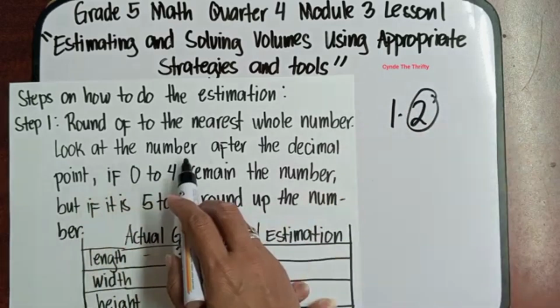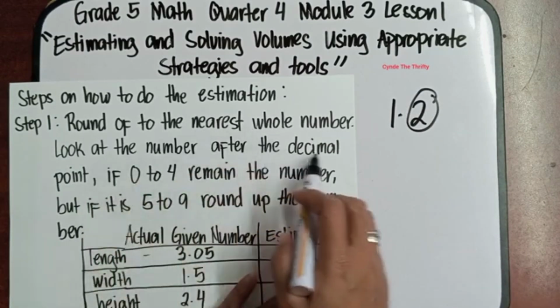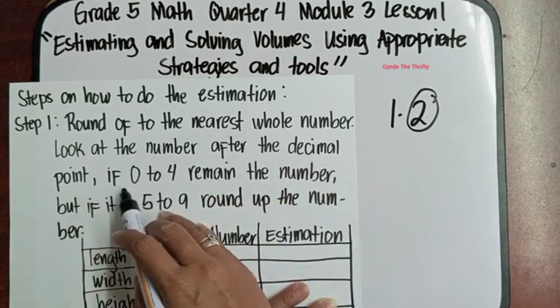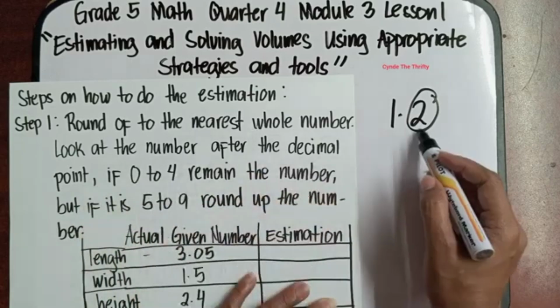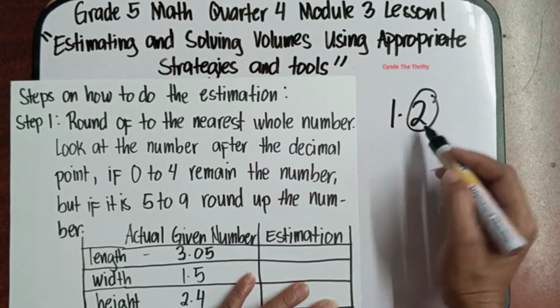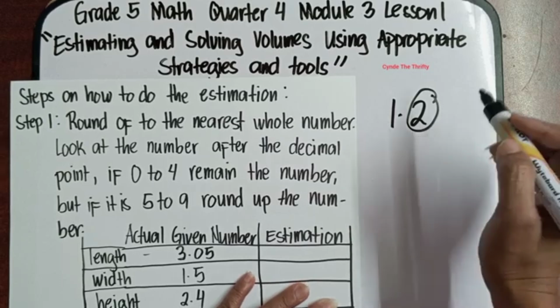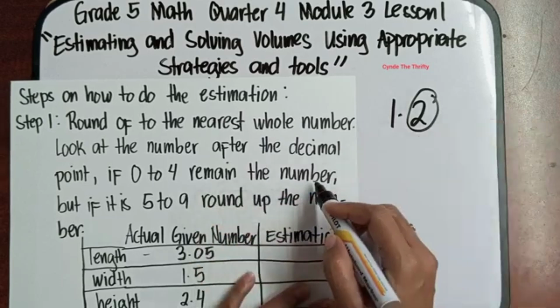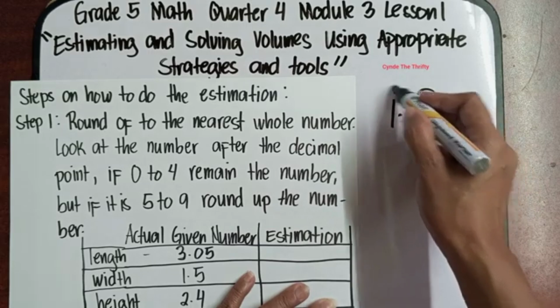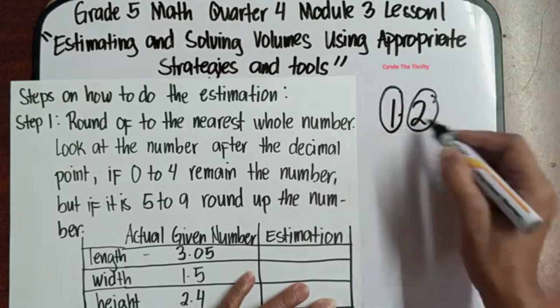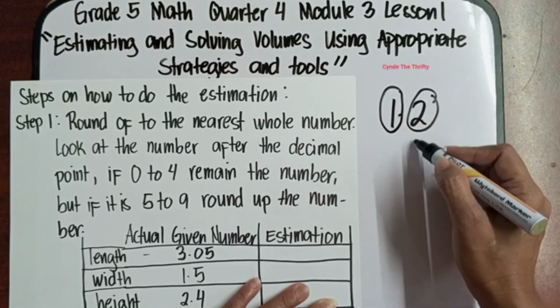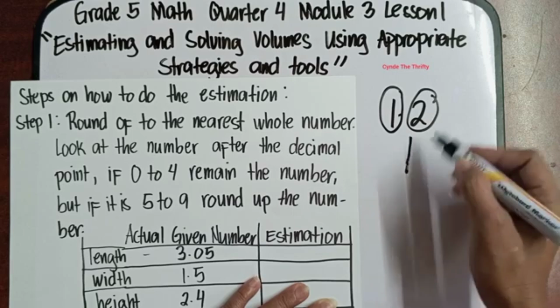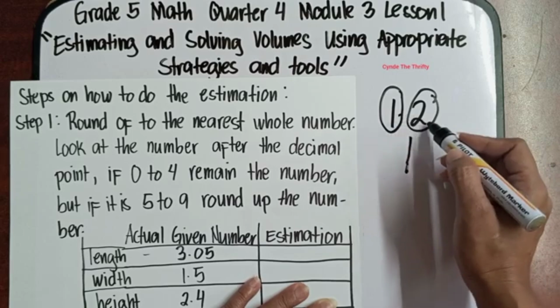Look at the number after the decimal point. If 0 to 4, kung ang number after the decimal daw is 0, 1, 2, 3, 4, remain the number. So, mananatili ang 1. Ibig sabihin kapag 1.2 ang i-round off mo, magiging 1 siya. Kasi, ang number after the decimal point is 2.